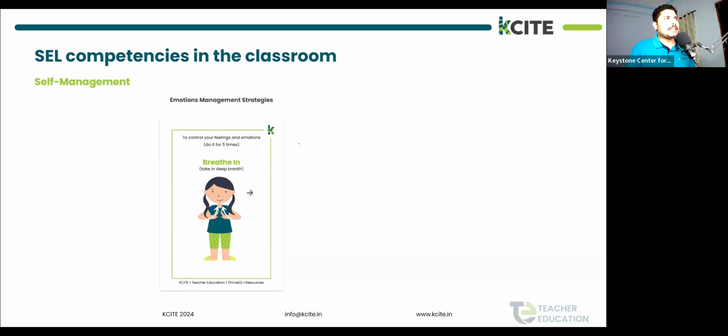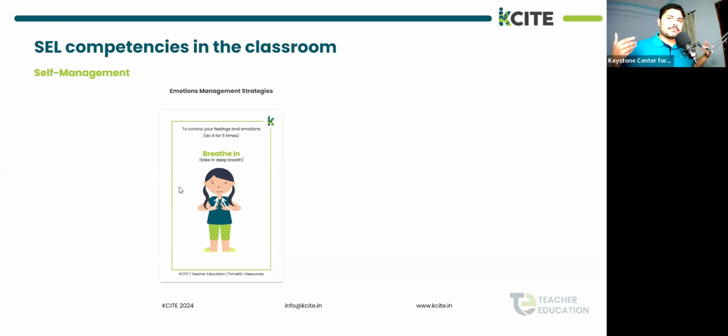So now here you are seeing this emotion management strategy. When you're telling your learner, if you're feeling angry and you're upset with something, how do you manage yourself? So breathe in, breathe out. Do it 5 times. And now tell me, how are you feeling? Are you feeling a little bit okay? Are you feeling relaxed? Okay.